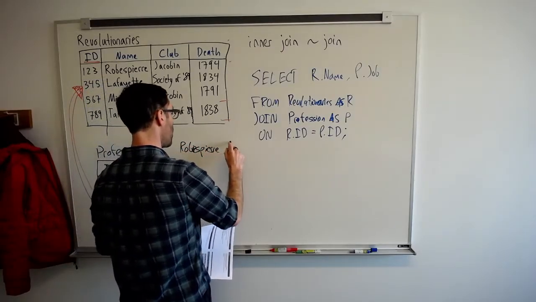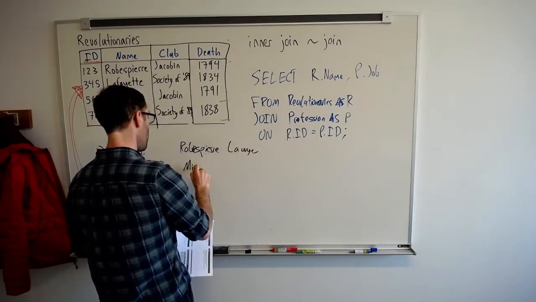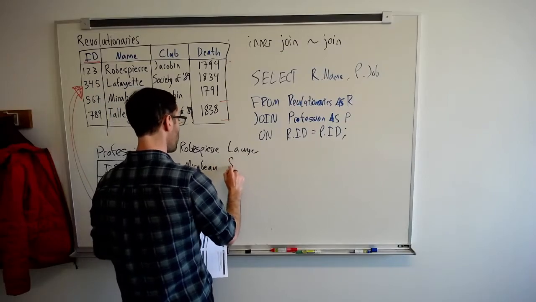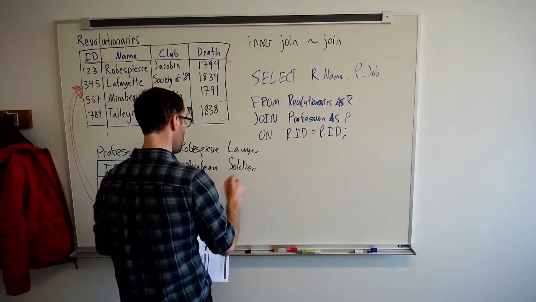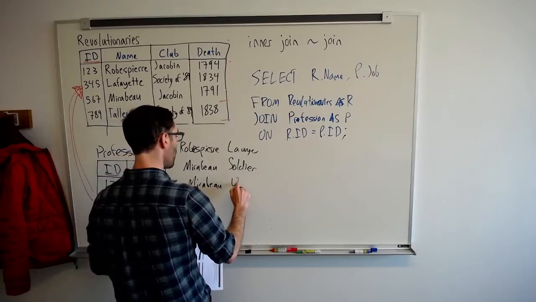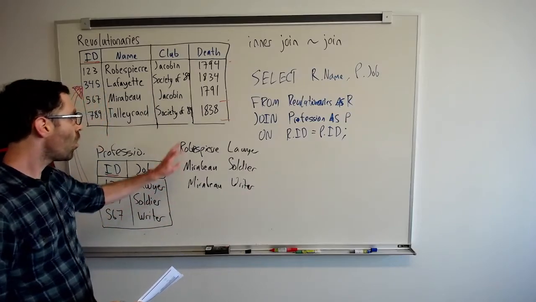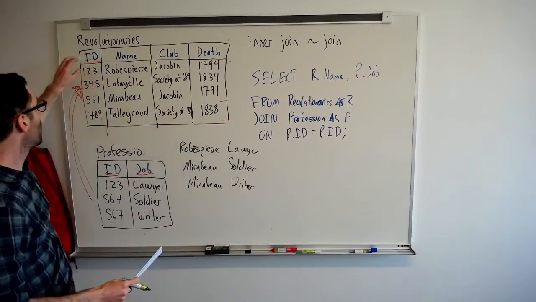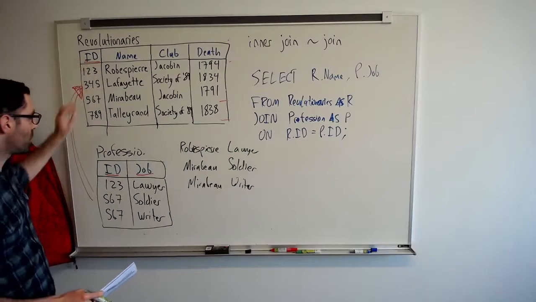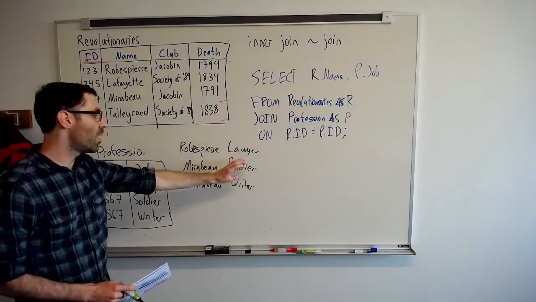And so what this query is going to produce is the resulting name of Robespierre and lawyer, and then Mirabeau and soldier, and then Mirabeau and writer. So you're seeing all the tuples in which an ID in revolutionary is matched to an ID in profession, we get the name and the job there.